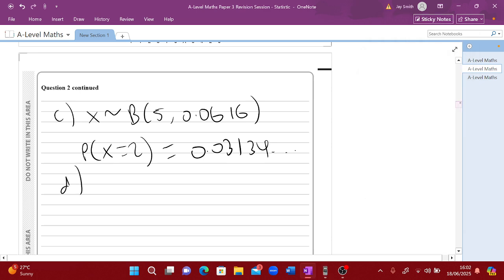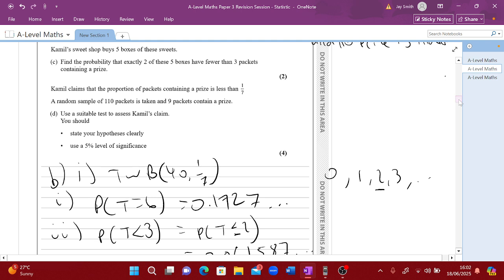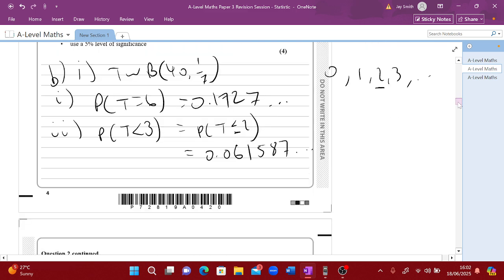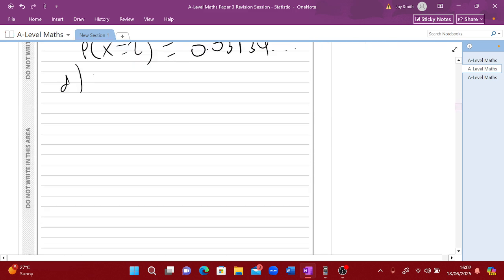Part D. What's it saying now? Camille claims that the proportion of packets containing a prize, so now we're going back to the packets again, is less than a seventh. A random sample of 110 packets is taken, and 9 packets contain a prize. So it's going to be a binomial hypothesis test, right? We're going to need a null hypothesis. What we're testing is probability, aren't we?